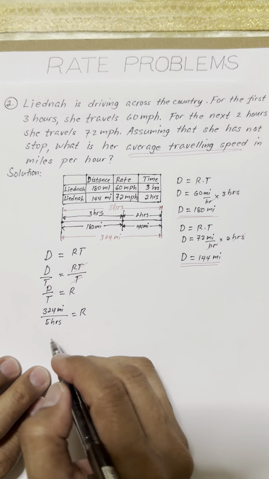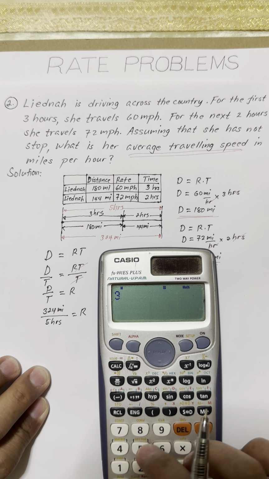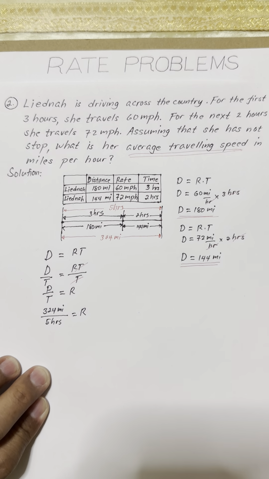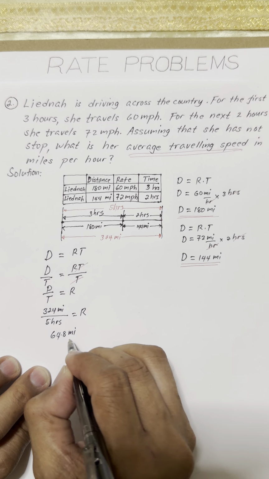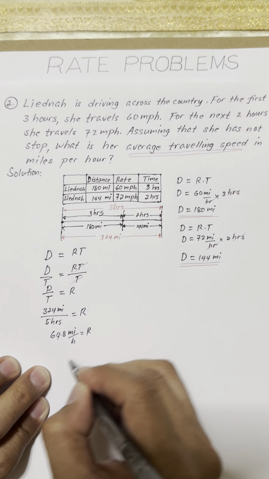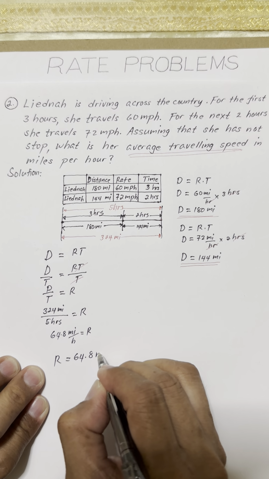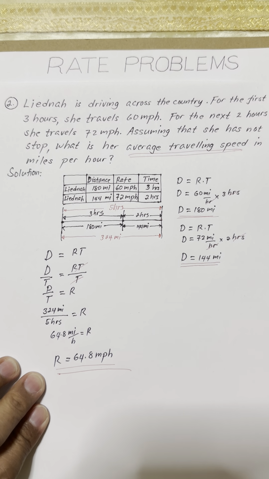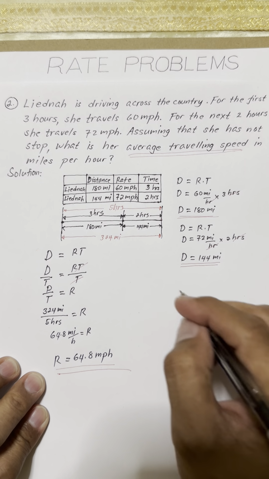When you calculate that, 324 divided by 5, we have 64.8. The unit is miles per hour. So R is equal to 64.8 mph. It says, what is her average traveling speed in miles per hour?